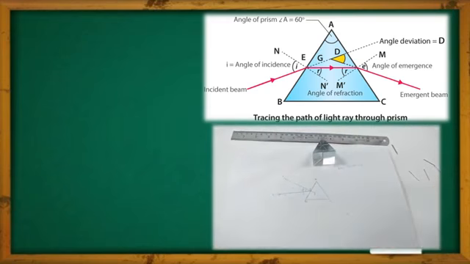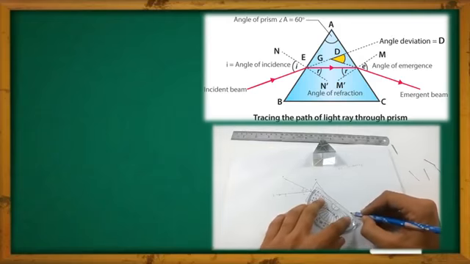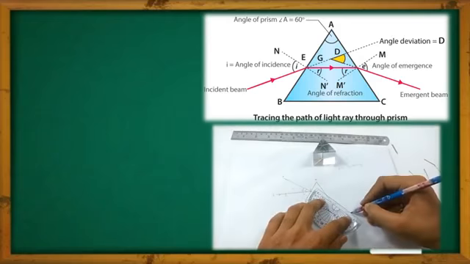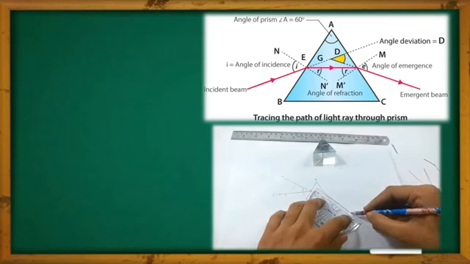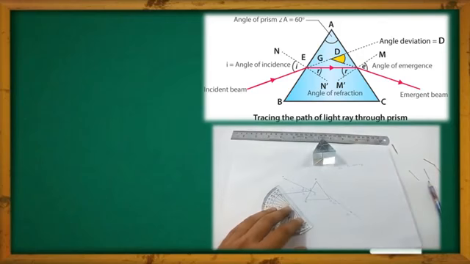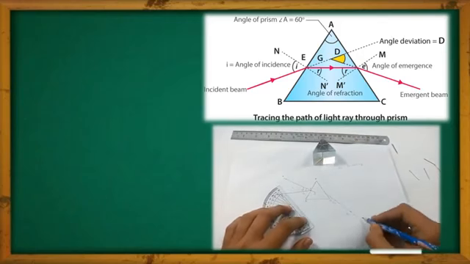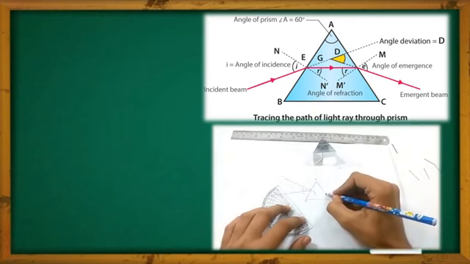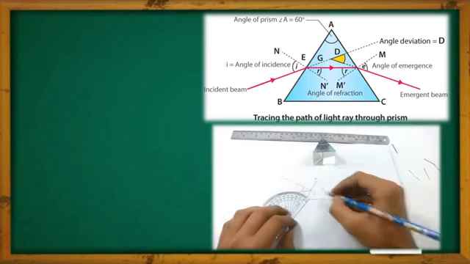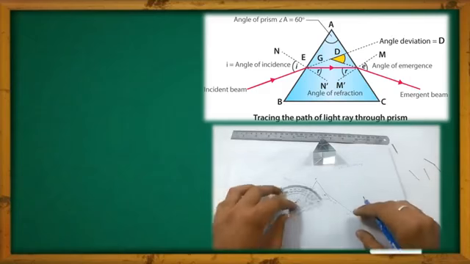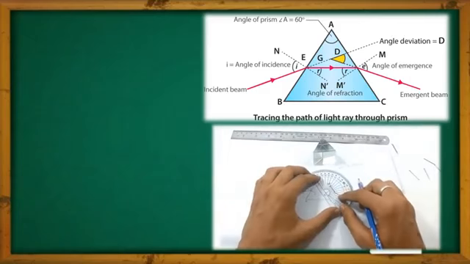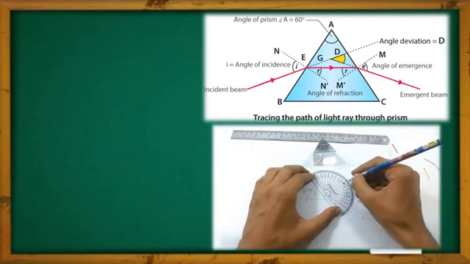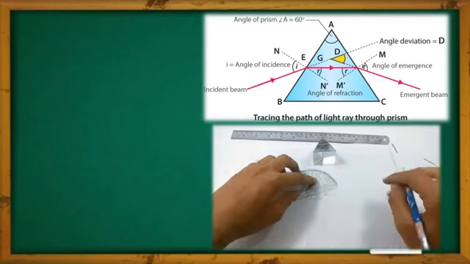Now you put dot marks on the pin positions and join all these positions to the refracting surface AC of that prism. Now you can put a point there and also draw one normal, which you can name M dash also.